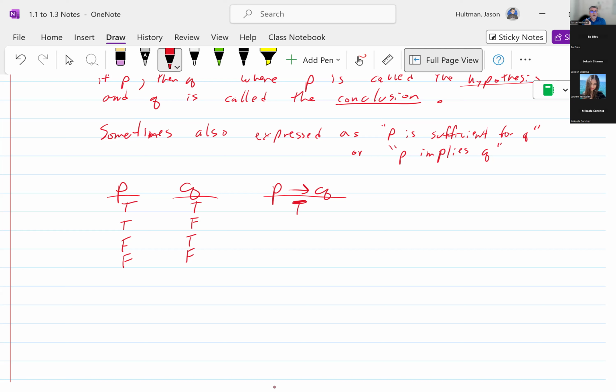So we're creating a logical statement here. Think of it more like: if it rains, then I carry an umbrella. If the statement it rains is true, and the carrying of the umbrella is true, then the statement, if it rains, then I carry my umbrella, is true.